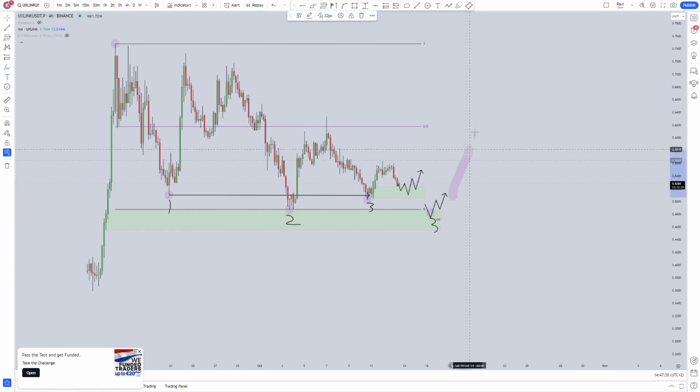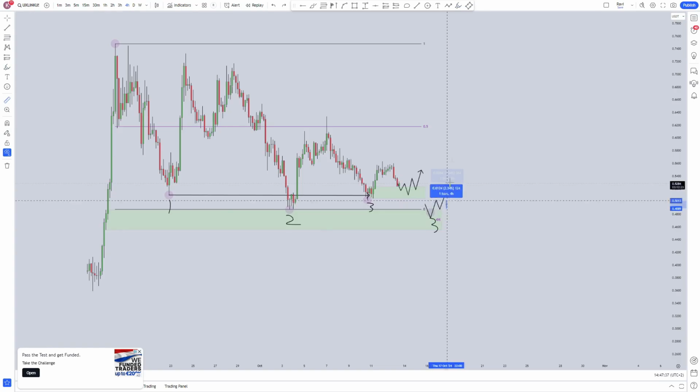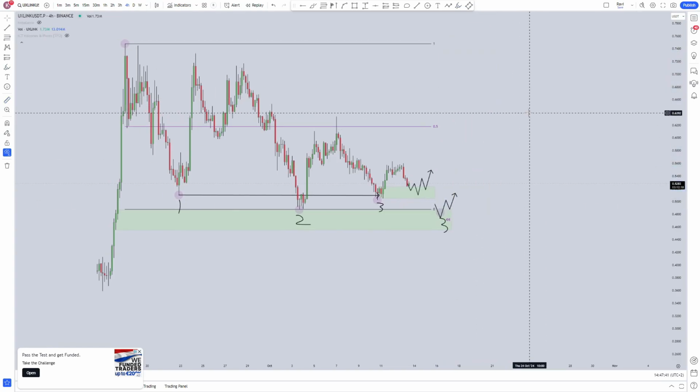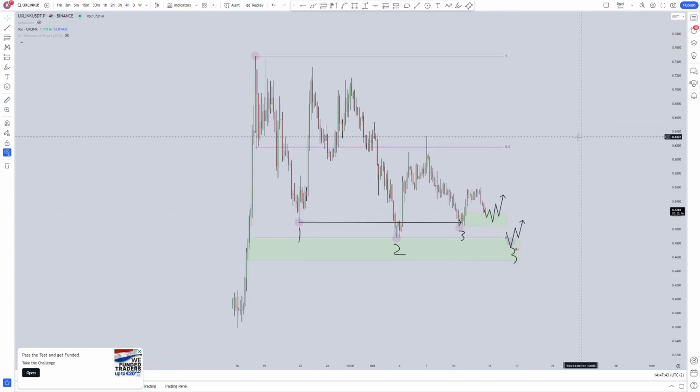The price would just pop up towards the upside, and there's enough to gain here, because the percentage is 50%. That's really good if we can get a trade going for that.